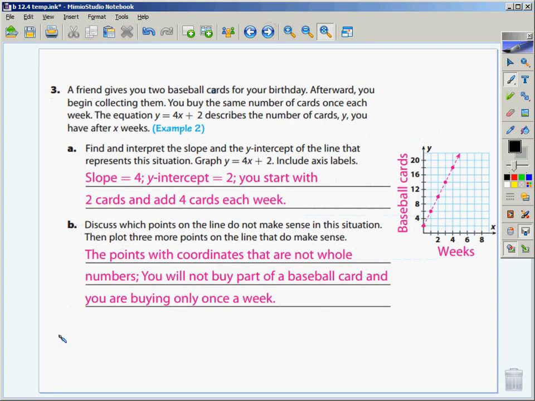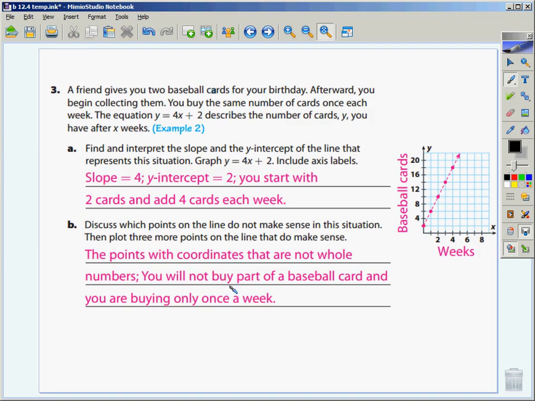Number 3 from your homework, it gave you the equation y equals 4x plus 2. The slope of the line is 4, and the y-intercept is 2, so it's going to start at 2, and it's going to go up 4 and over 1, up 4 and over 1. And it says discuss which points on the line do not make sense in this situation, and then plot 3 more points on the line that do make sense.